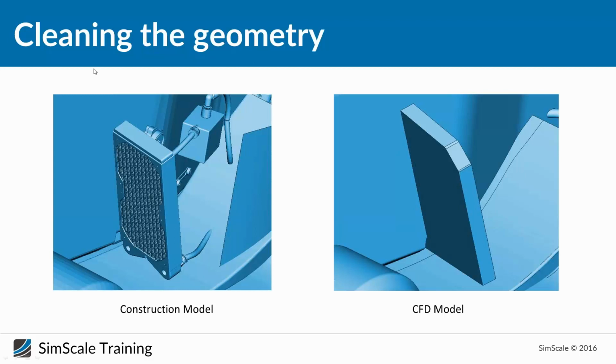And as you can see, there is a pipe, maybe a pump, or I don't know what it is, but the radiator in reality is really complex geometry with a lot of elements. But in CFD, we don't have to run simulation using this model, because this will cost us a lot, and the result will never be realistic.